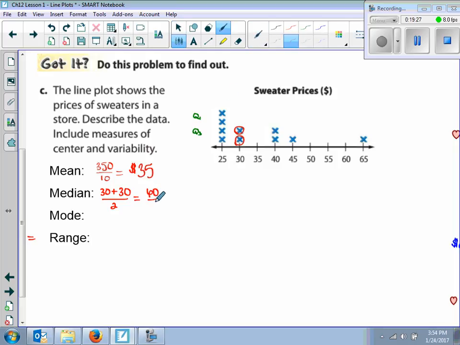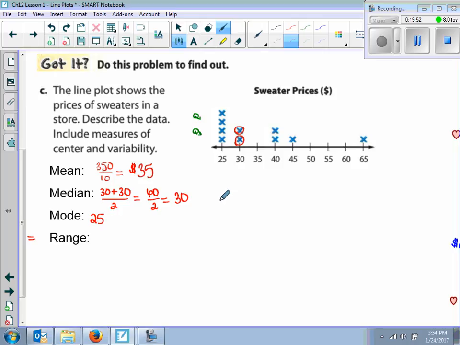And of course, we're dividing by 2, and that gives us 30. Okay? The mode, we just have to look at it. What's the mode? 25. Thank you, 25. The mode is the number that happens the most, right? The hint, it will have the highest tower.